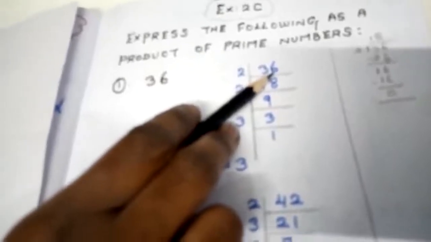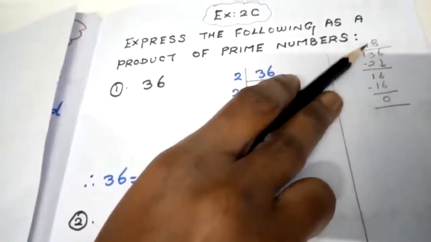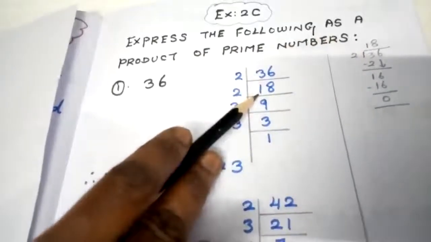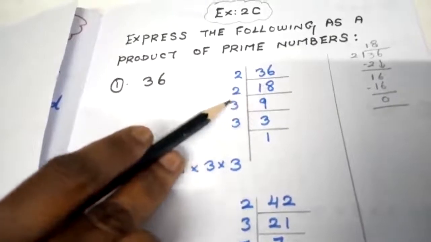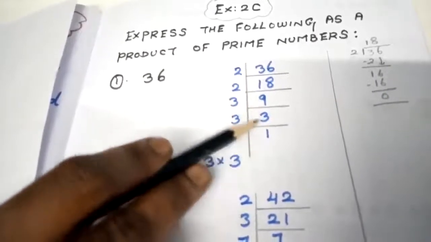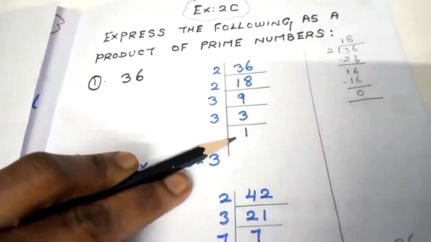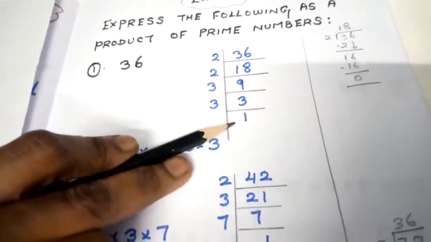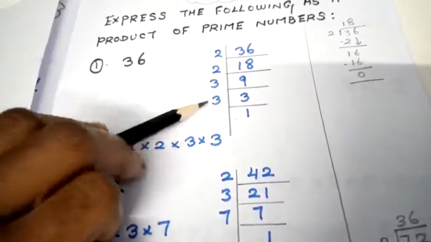The number is ending with 6. Divide and you get the quotient 18. Write this 18 here. Again 2 9s are 18, 9, 3 3s are 9, 3 1s are 3. When I get the value 1, I stop my factorization. So what numbers do I get? 2, 2, 3, 3.